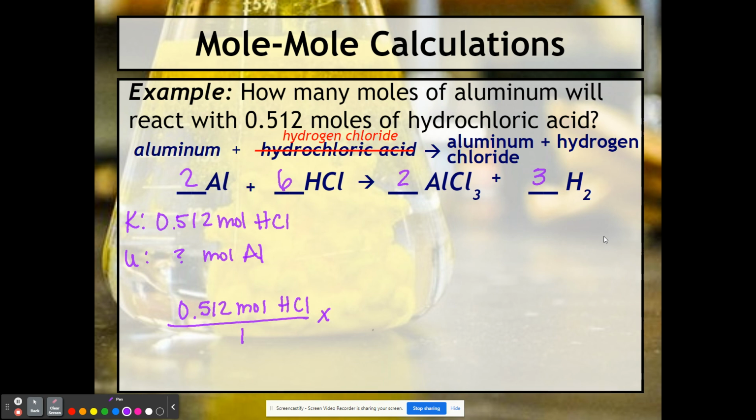In my next problem, I know on the bottom I need to cancel this out, so I need moles of HCl. On the top, I write what we're going to, moles of aluminum. So what's the coefficient in front of HCl? It's a 6. What is the coefficient in front of aluminum? It is a 2.